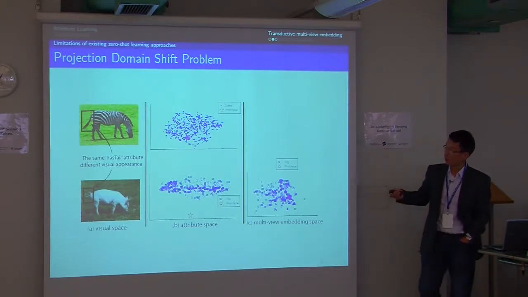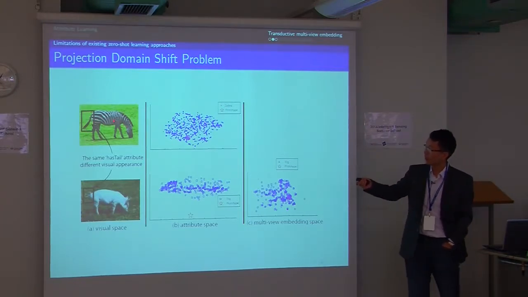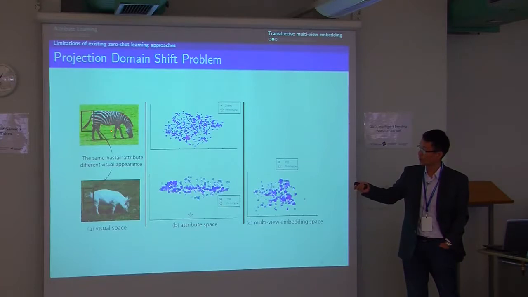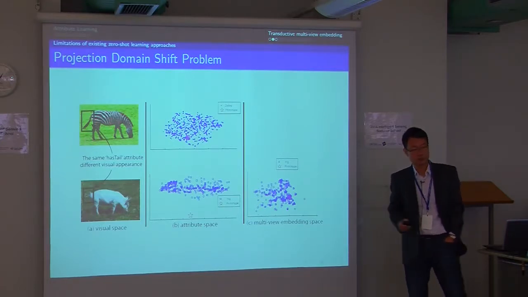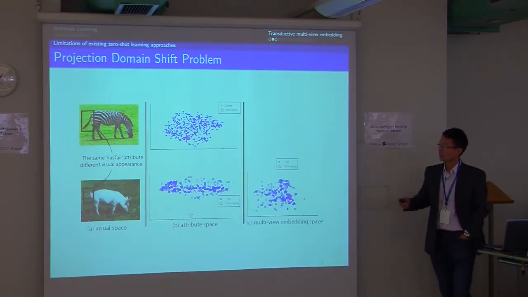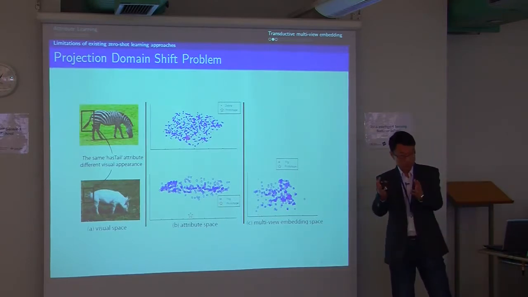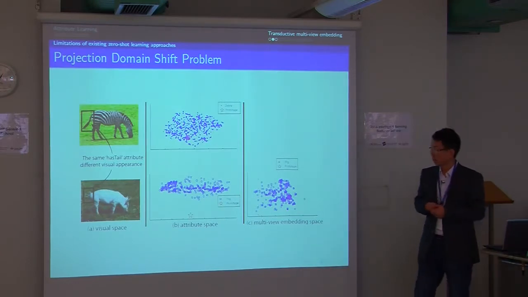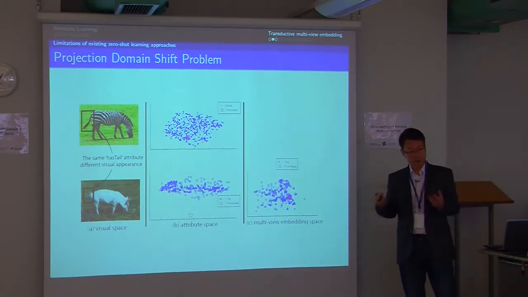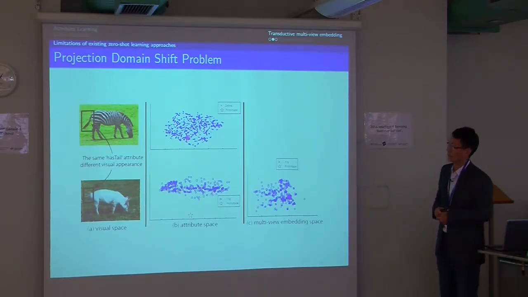Okay, so what do we mean by the projection domain shift problem? Let's look at those animals again. Let's say we have one class called zebra, another class called pig. Zebras are something we are very familiar with. Let's say we have a lot of training data. And the pig is something we want to recognize without seeing any images of pigs.